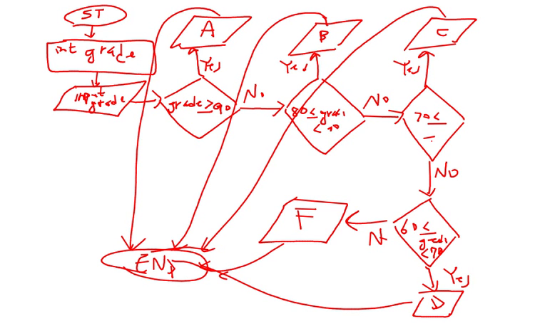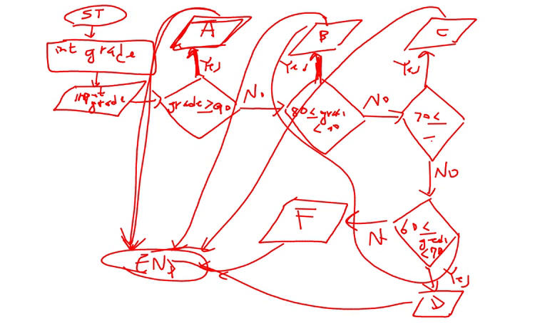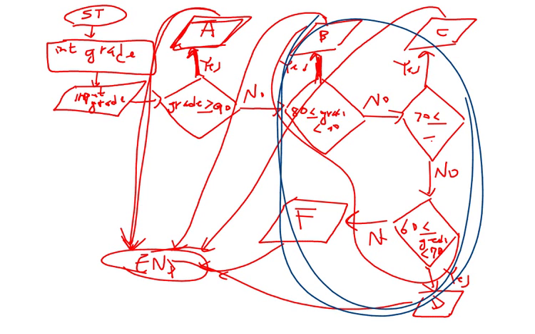The important thing to point out here is that anytime I have a yes, I print out the grade and it goes right to the end. I could skip the rest of all this stuff. If I had A, I could skip all of this. After I print out the grade of A, I go right to the end.